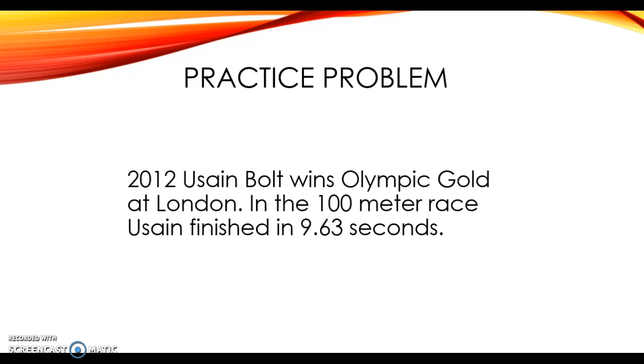I've let you know we're using the same distance. Usain finished in 9.63 seconds. Now, you may pause the video here and go ahead and calculate Usain Bolt's speed for the 2012 Olympics for the 100-meter race.